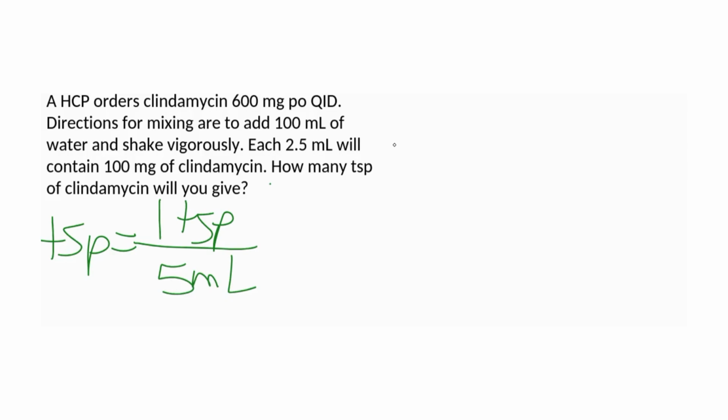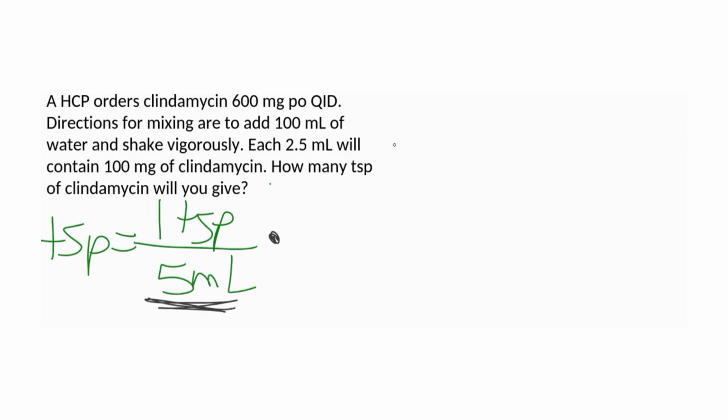So now we have introduced teaspoons into our equation, and we have milliliters into our equation. We're looking for teaspoons, so we've got to get milliliters out. Now, to set up your next part, you want to let the denominator guide you. So this is the denominator. Remember, the number on the bottom.